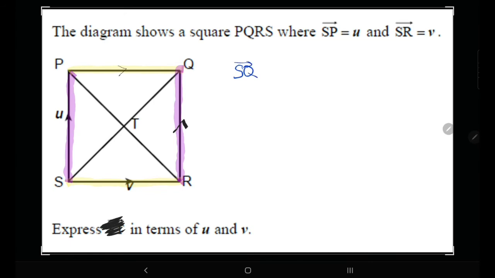We've got our little hat on it. We're going from point S to point Q. And we have to ask ourselves, well, how can we get there using the vectors we know? And we have two choices. We're either going along and then up, or we're going up first and then along.